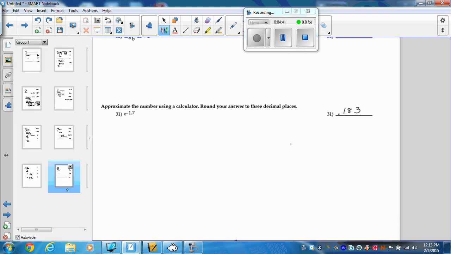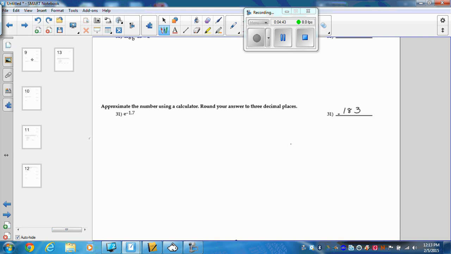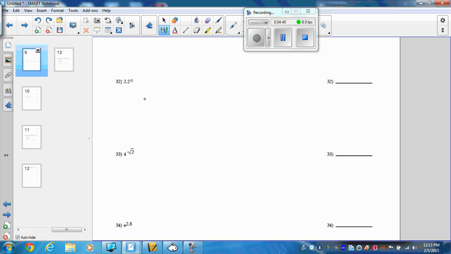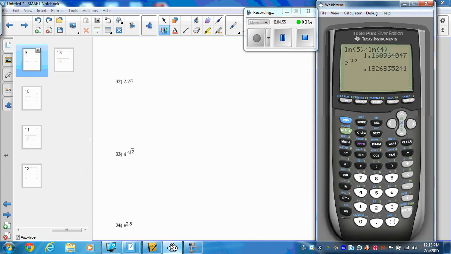And question number 32. We're going to approximate this number using a calculator. We're going to round our decimal to 3 places. So let's clear this out, and it's 2.2 raised to the power of pi. So I'm going to put in my 2, and I'm going to raise this to a power, and sorry, I need to put in my decimal, so 0.2, and then raise this to a power.